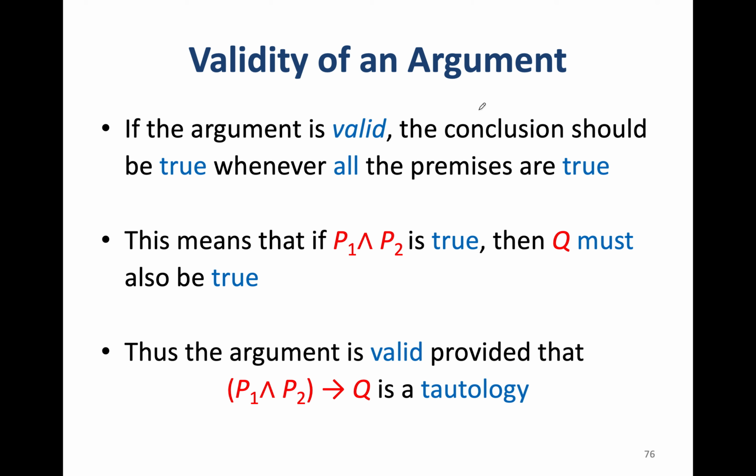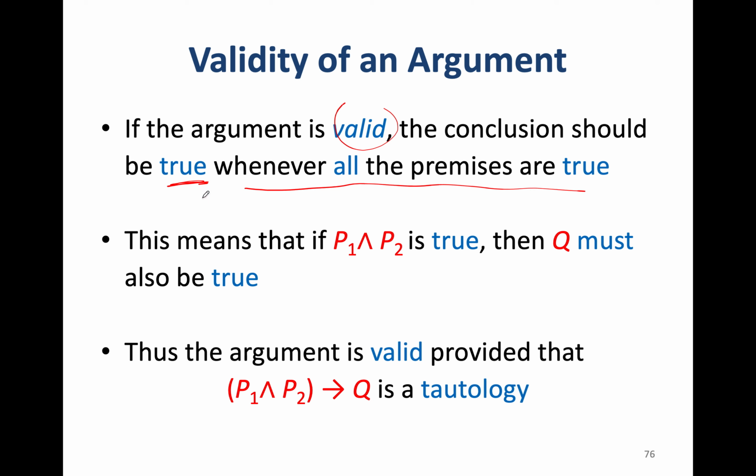An argument is valid if the conclusion is true whenever all premises are true. If this condition is met in an argument, then we can say that this argument is valid.